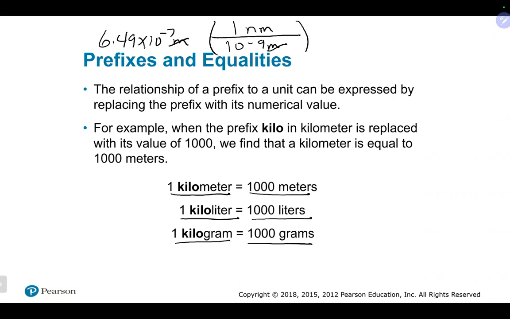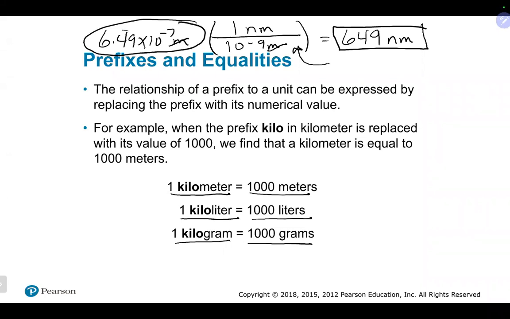And what you should end up with there is 649 nanometers. Once again, this would be an exact number, so we don't have to worry about anything happening there in terms of significant figures. We would worry about this number, which has how many sig figs? 3. And our answer ends up with 3 as well. So again, significant figures there.